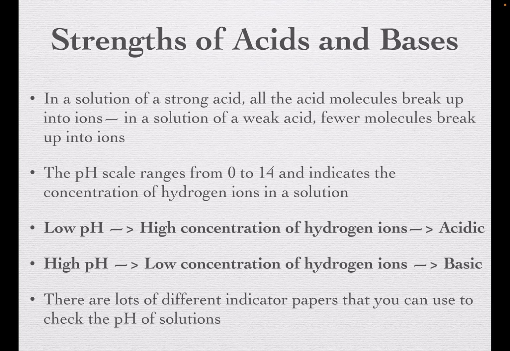Things that have a low pH are going to be acids, and things that have a high pH are going to be bases. There are lots of different indicator papers that you can use to check the actual pH of different items and see if they are more acidic or more basic.